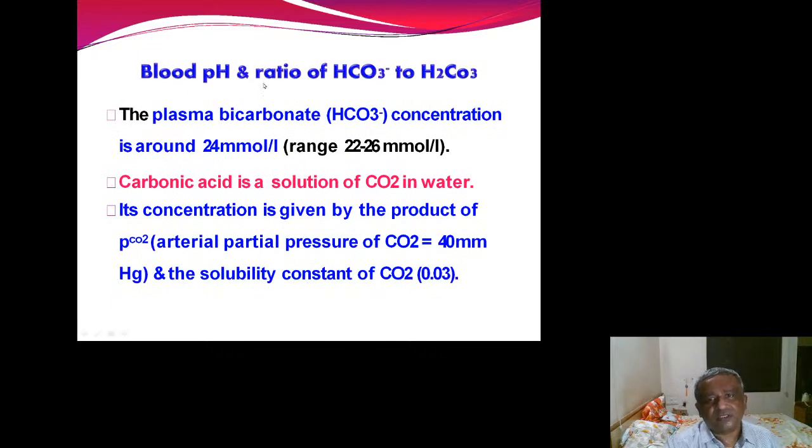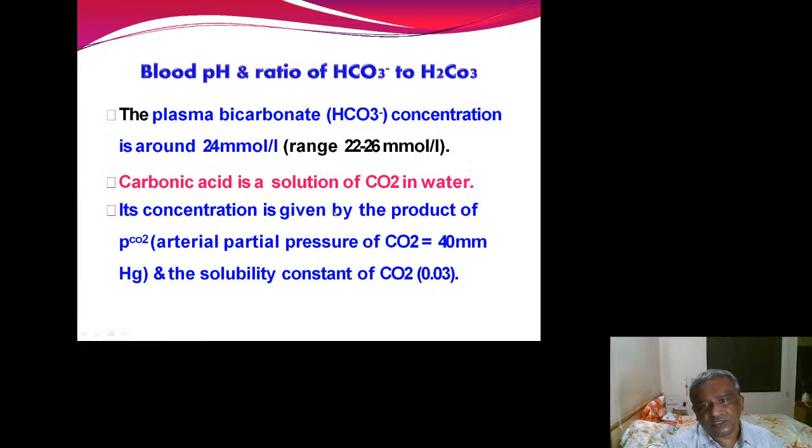Now, by this, let us see the blood pH and the ratio of bicarbonate and H2CO3. The plasma bicarbonate concentration is around 24 millimole per liter. The range is 22 to 26, but let us assume it is 24 millimole per liter. Carbonic acid is a solution of CO2 in water: H2O plus CO2 is H2CO3, that is carbonic acid.